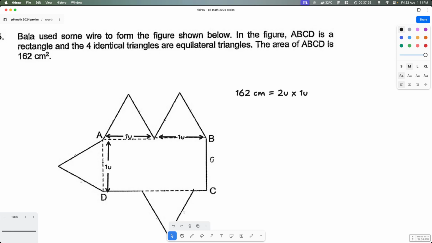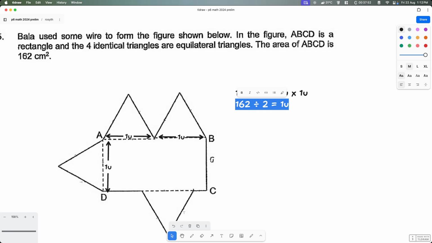Okay, so what number gives us that? Not really sure. Need to do guess and check, I guess. So in a way, if we divide 162 by 2, it's equal to 2 units. So 1 unit is the same thing as this?